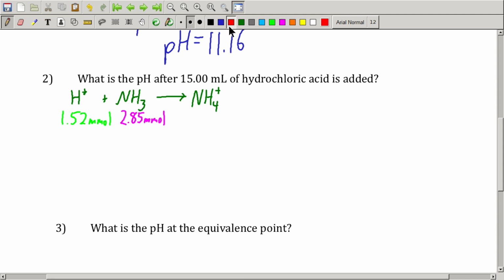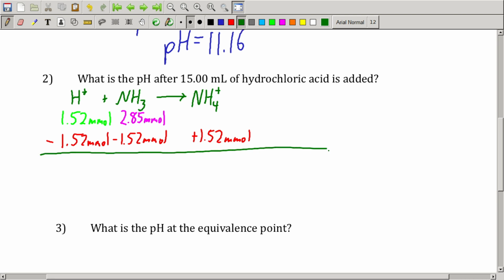And so we end up with a solution that contains 1.52 millimoles of ammonium ion.